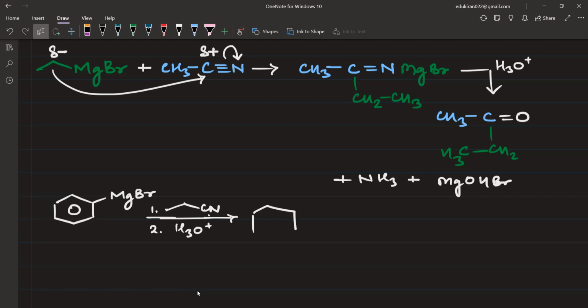So you'll get the benzene ring as it is. Then you will have first carbon atom, second carbon atom, third carbon atom, and this carbon atom is going to get the double bond, the carbon on which the benzene ring is attached, or the carbon on which we are attaching the alkyl group from the Grignard reagent. Okay. So wherever you have the bond between nitrile and Grignard reagent, in the nitrile carbon you will add a double bond. Write this down.